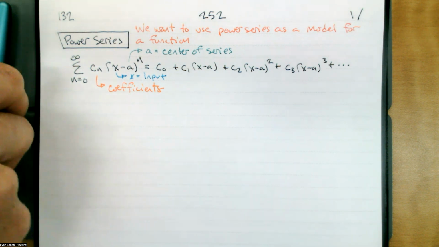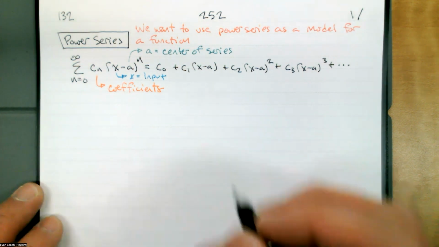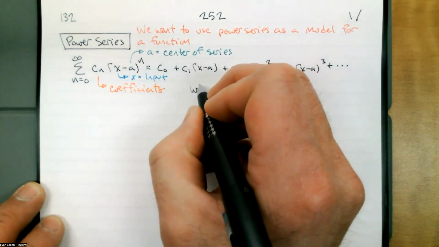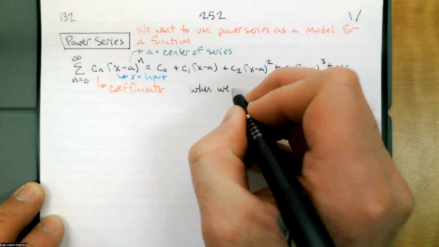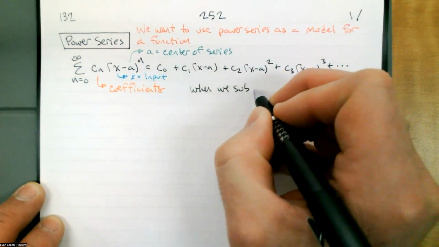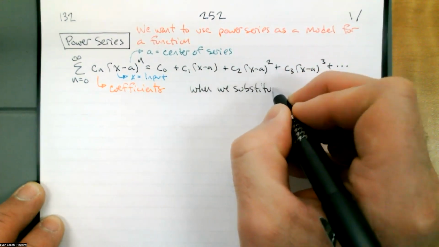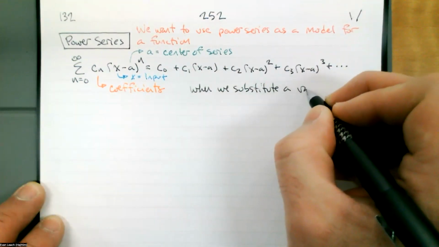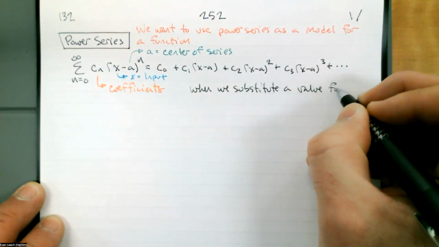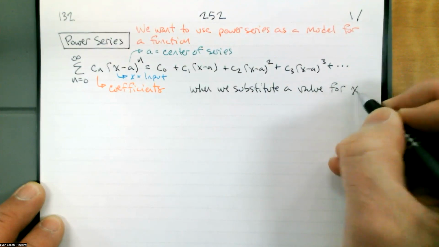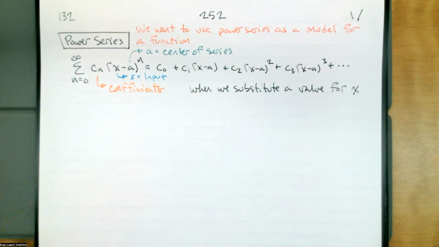When we substitute a value for x, we get a series. So when we plug stuff into a power series, we end up with a series as an output.